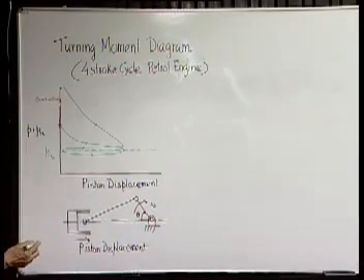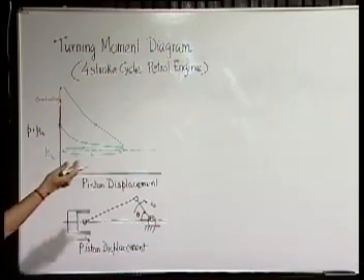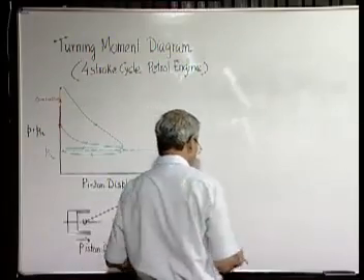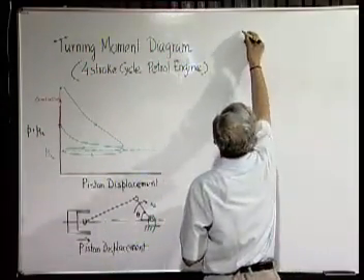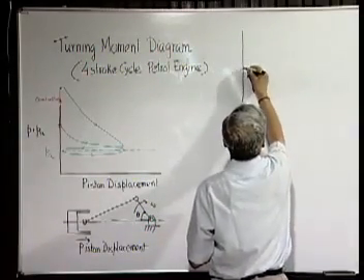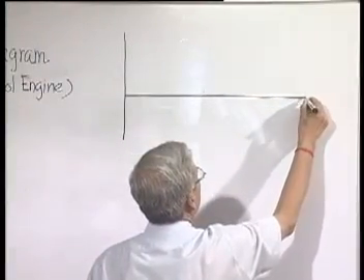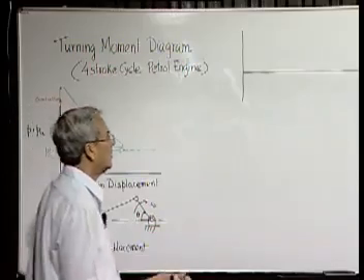So if this is the typical Otto cycle on which the petrol engine runs, what will be the nature of the turning moment? Since it is a 4-stroke cycle, the total range of theta for a complete cycle will be 4 pi.